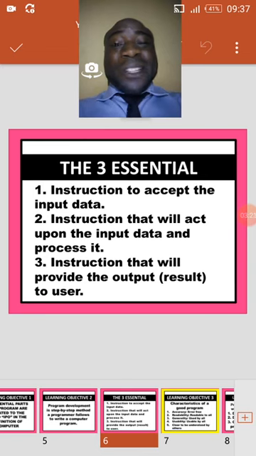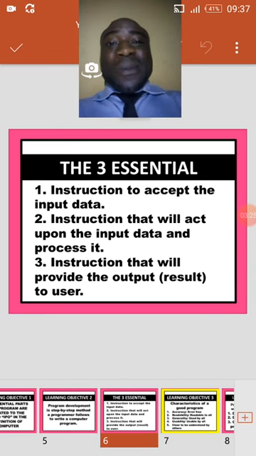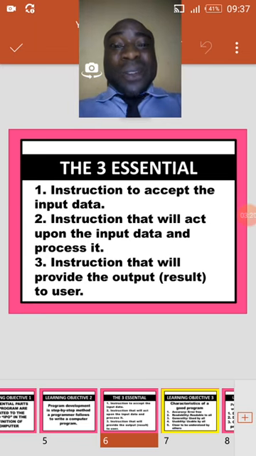There must be an instruction that will act upon it. For example, if we want to add 2 and 3, which you know the answer is 5, there must be a plus sign in between that will tell the computer that you are doing addition. Alright? Then thirdly, instruction that will provide the output, that is the result, the answer, to the user.